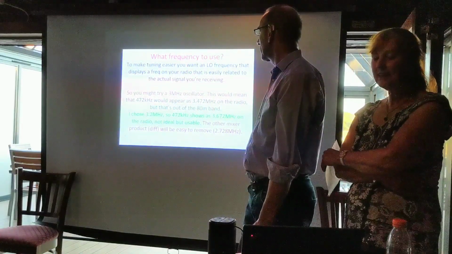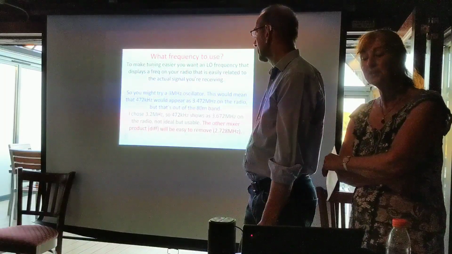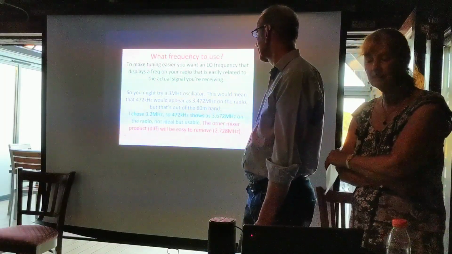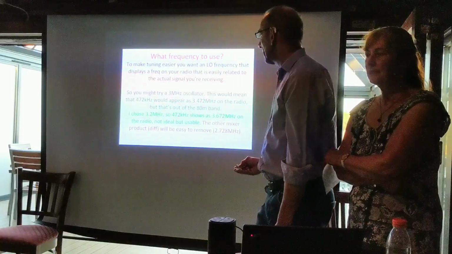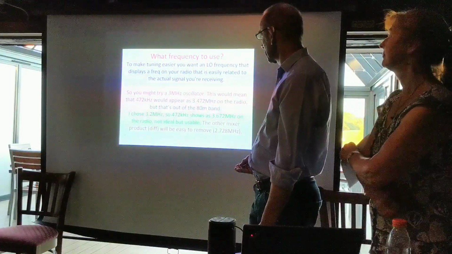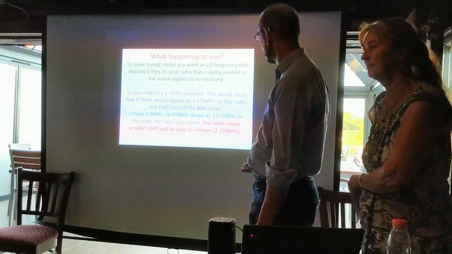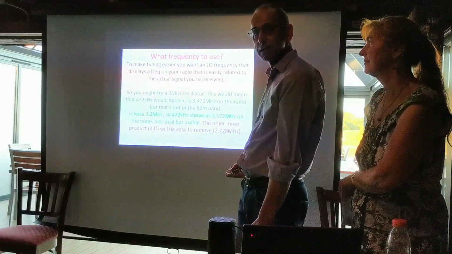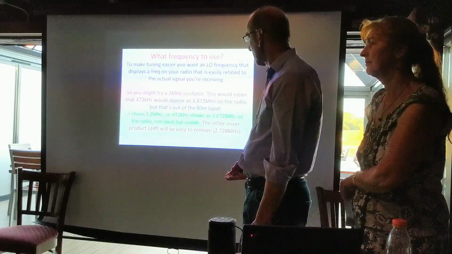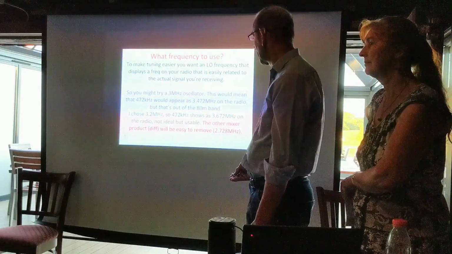And then it's choosing what frequency. To make tuning easier, you want an LO frequency that displays a frequency on your radio that is easily related to the actual signal you're receiving. Now, you might think, oh, 3 megahertz. That would mean that 472 would end up as 3.472. The problem is that's out of the 80 meter band, and most transceivers won't transmit on that. So I ended up with 3.2 megahertz. You'll see why in a minute.